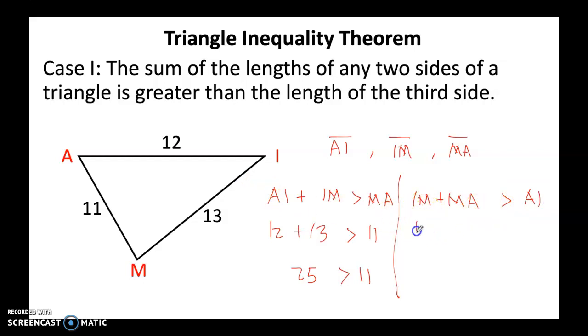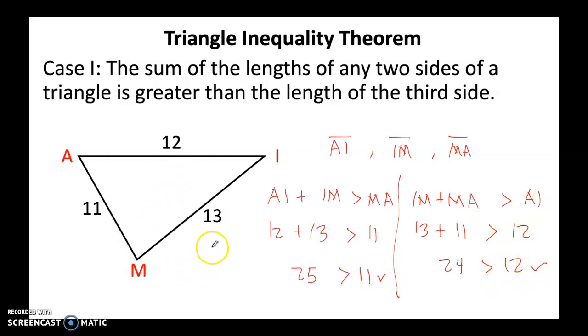The value of IM is 13 plus the measure of segment MA is 11, should be greater than the measure of segment AI, which is 12. Let's get the sum. 13 plus 11 is 24. It is greater than 12.